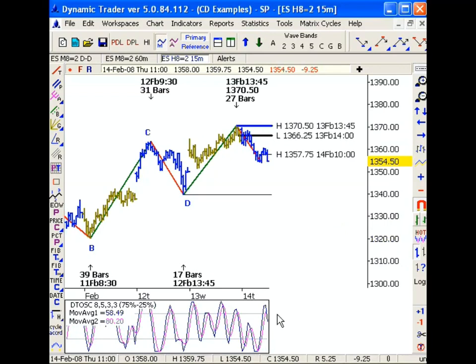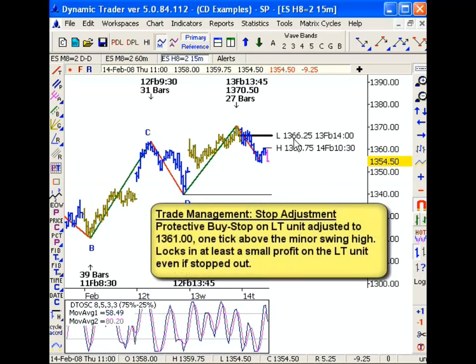Okay, we just made another 15-minute bearish reversal. What was our strategy? Adjust the stop a tick above the minor swing high made prior to the reversal, and that's now at 1360.75, so 1361 is our new stop. And we're ensuring at least a 4-point gain on that second unit, even if we get stopped out.